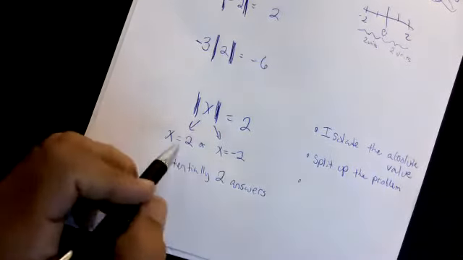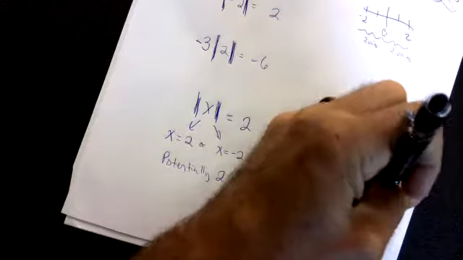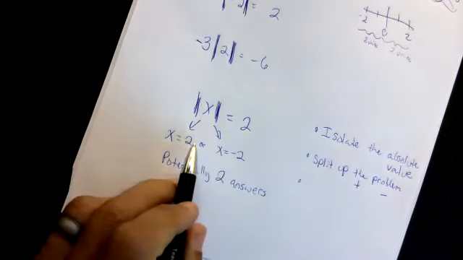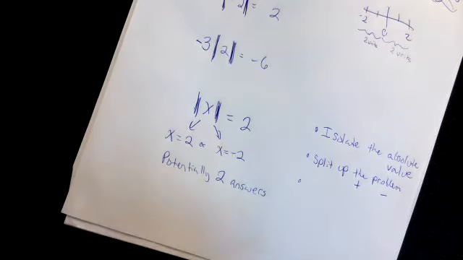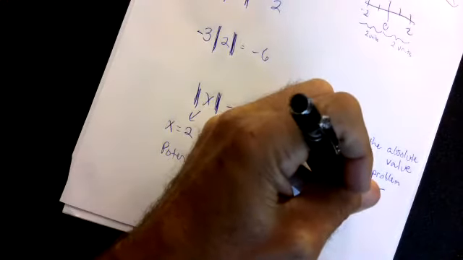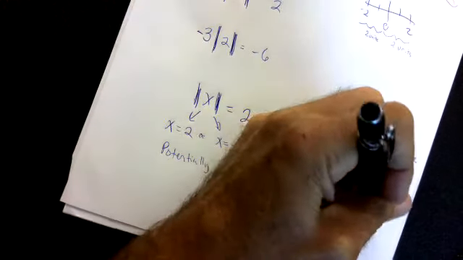When we split it up, we're going to split it into one positive and one negative. I'm going to do some examples of these so that it makes a little more sense. But again, you're going to have to account for both a positive and a negative value. And then you will solve those equations individually.